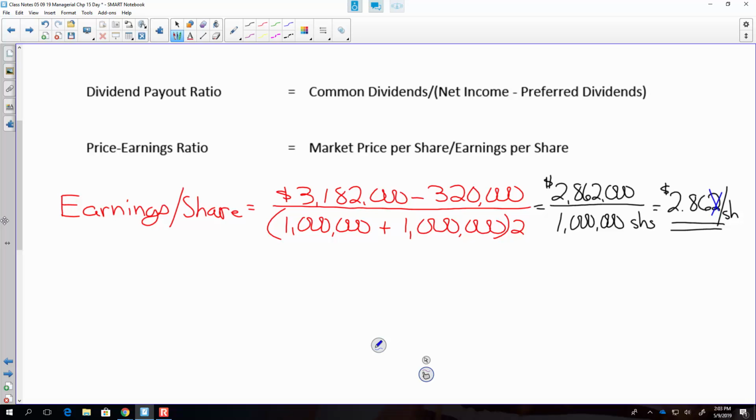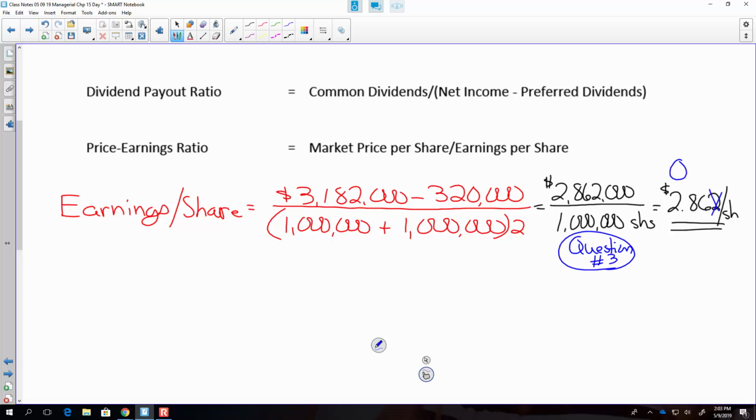I'm just looking at question number 3. So question number 2, what is the number of average common shares? Question 2, it's 1 million.